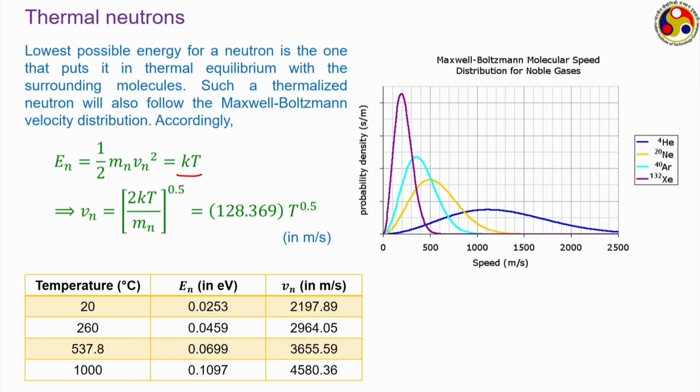As the temperature keeps on increasing, the corresponding energy level and velocity of a thermal neutron both keep on increasing. Commonly the term thermal neutron we associate with neutrons which are thermalized with a 20 degree Celsius surrounding and having an energy level of 0.0253 electron volt.